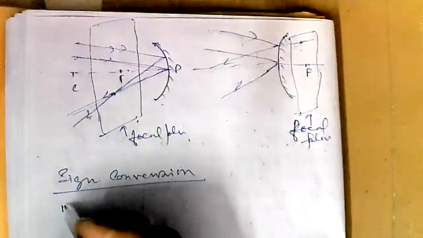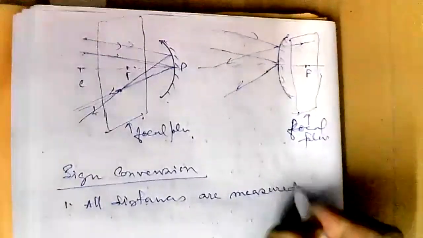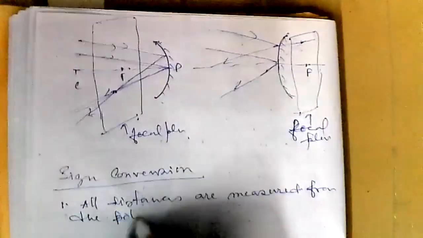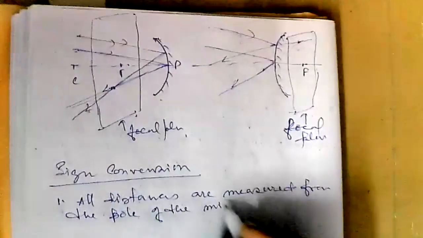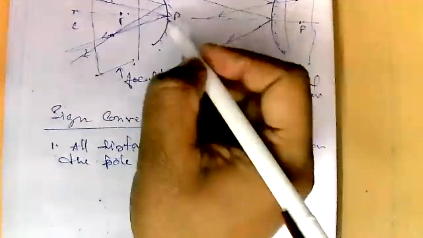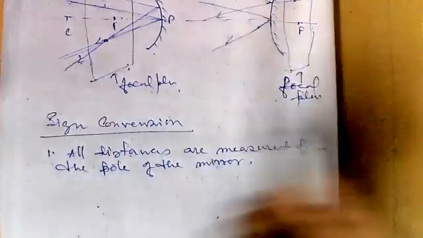First of all, all the distances are measured from the pole of the mirror. That means whatever you want to measure, you have to measure from this P. Clear?